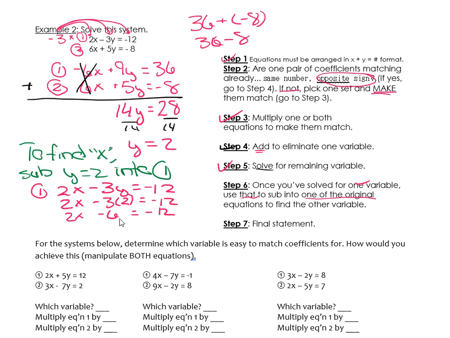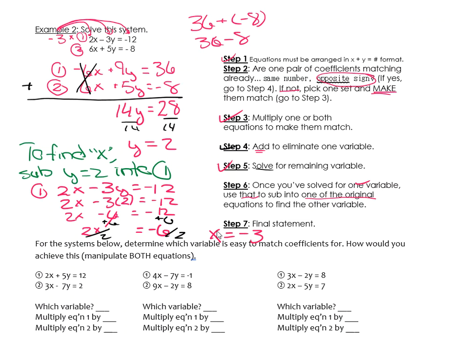Now I need to add 6 to both sides so that I can isolate x. I get 2x, these are gone, equals -6. And the last step here is to divide by 2. I'm running out of room, so I'll put it here: x equals -3.